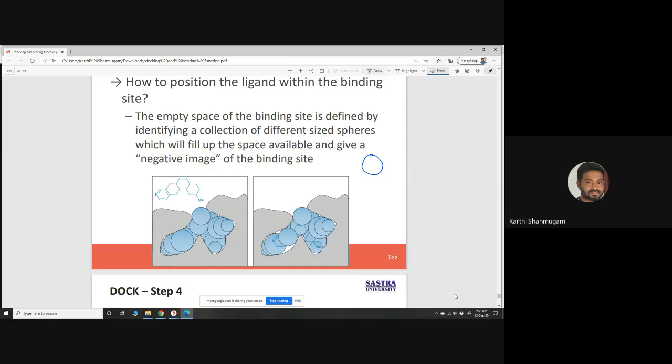Here I give one example. If I take this sphere, it is making contact at this position and at this position. So I can say that this sphere is making contact at two positions.